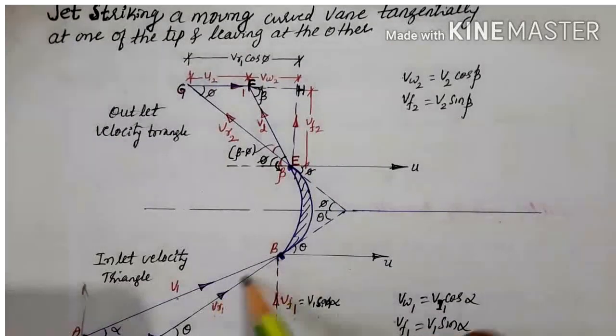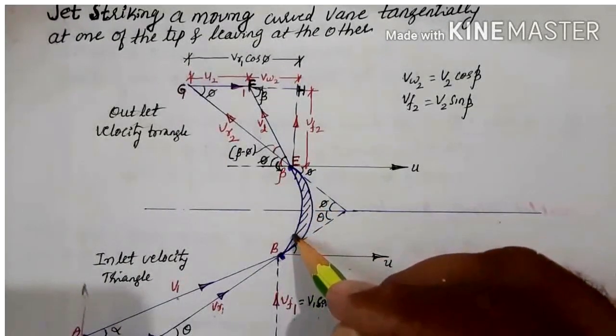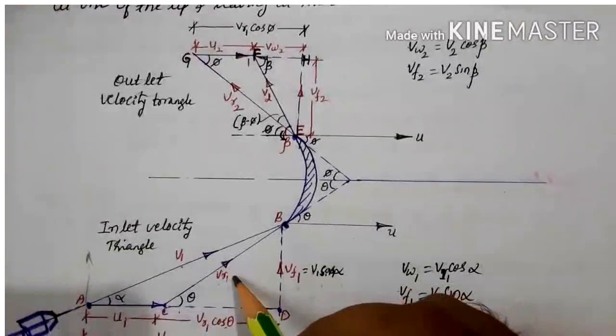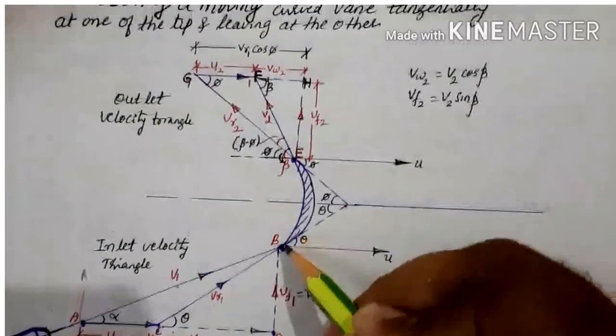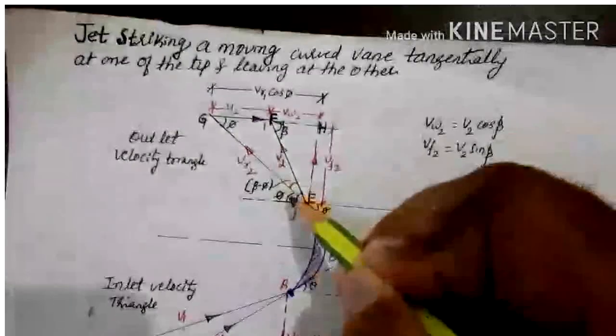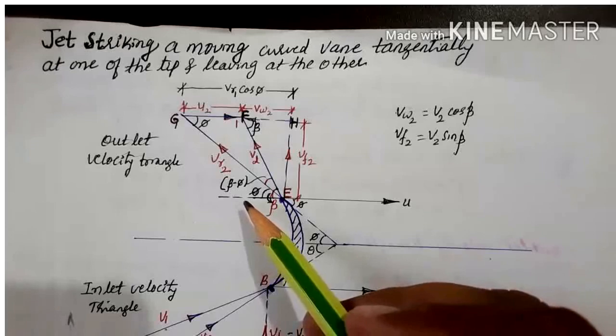As the jet enters the blade passage, it will not enter with the absolute velocity, it will enter with relative velocity VR1. Then it glides over the surface, then it exits with velocity VR2. Then how to draw the outlet velocity triangle?